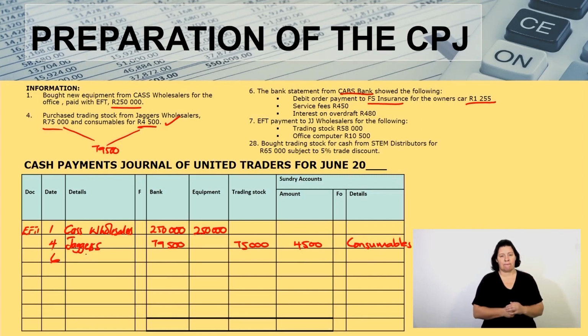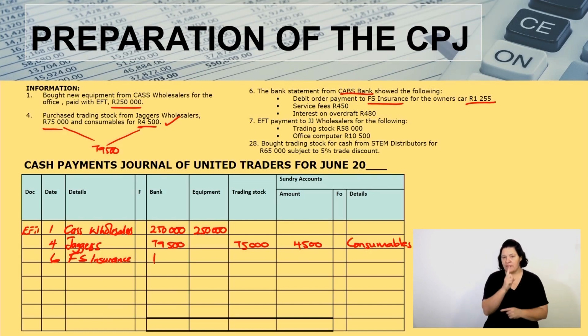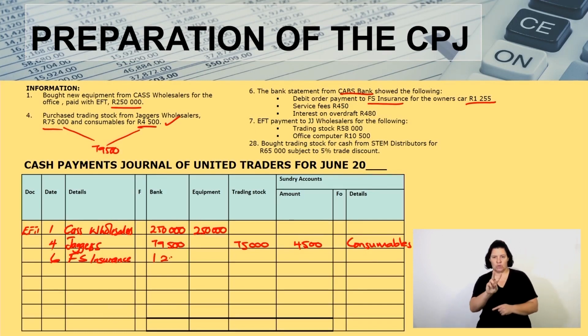So whom did we pay here? FS Insurance. How much did we pay FS Insurance? $1,255.